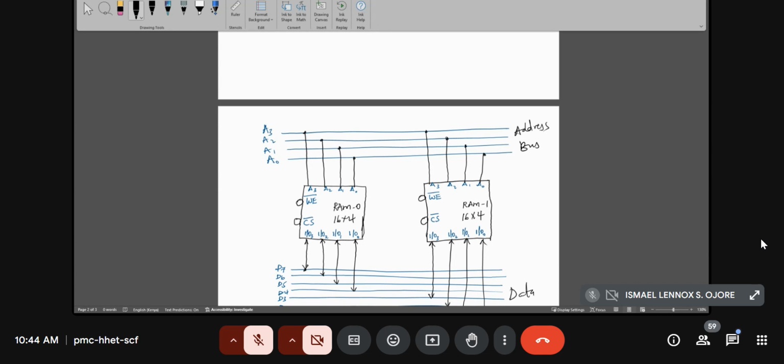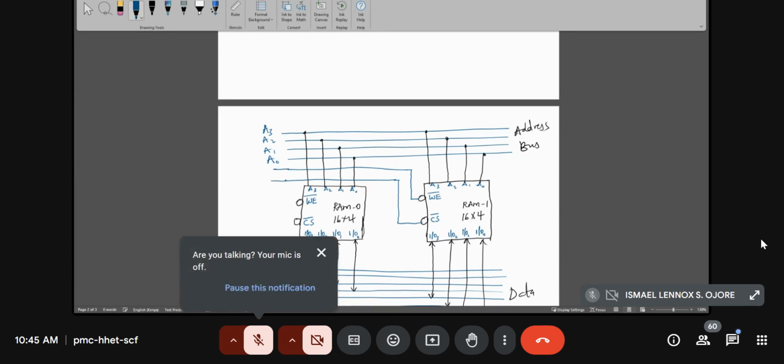So how do we connect these? Once again, it's straightforward. So we have the 2 address lines. Sorry, not address lines, but the control lines. So we have the write enable, and the chip enable, and also from this end we have the same.